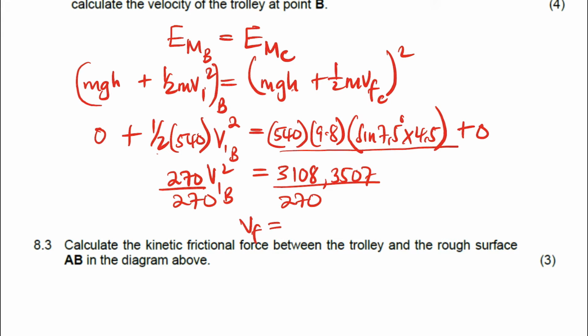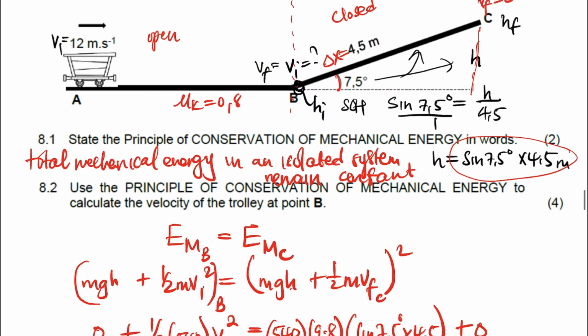So if I punch that in the calculator, it will be the final velocity there, which is 3.39 meters per second. This is the velocity at this point.